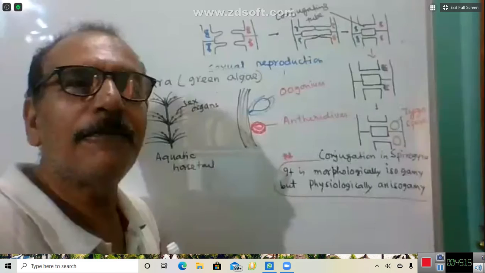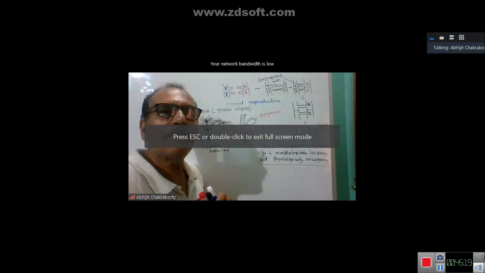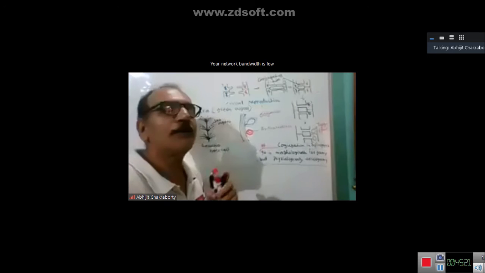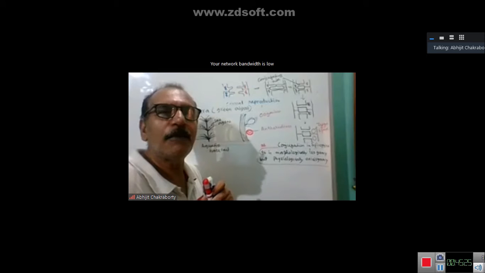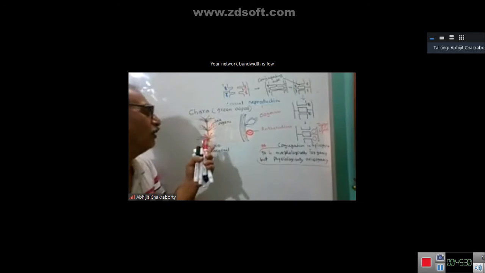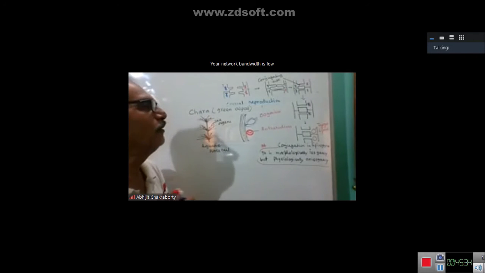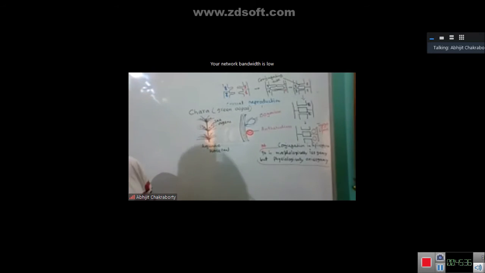In this way, fertilization takes place, and this type of reproduction is called oogamy. So in Chara you get two different male and female reproductive structures. That's why Chara is also called aquatic horsetail due to its shape. Is it clear to you? So this is about the different types of green algae.